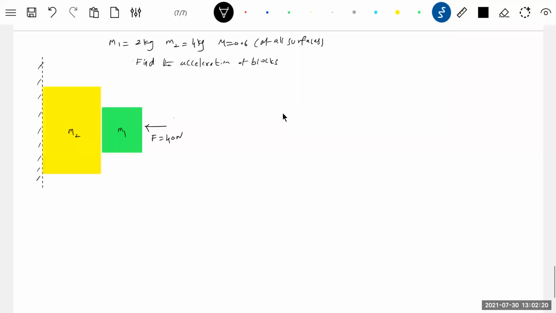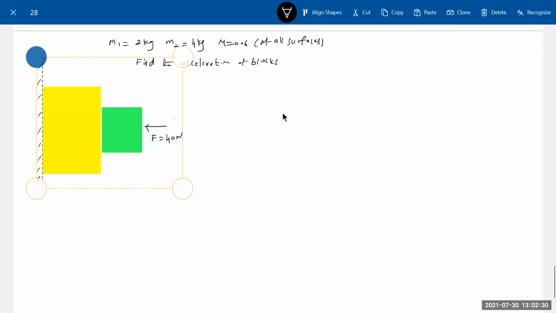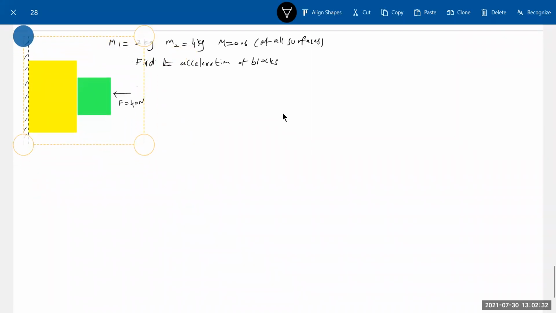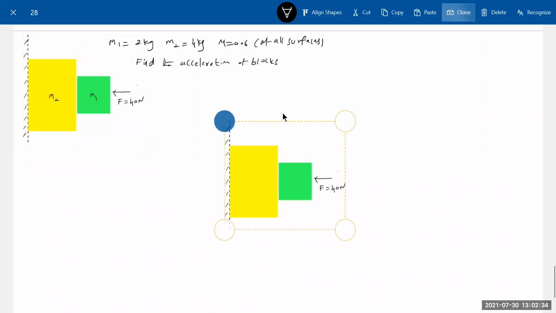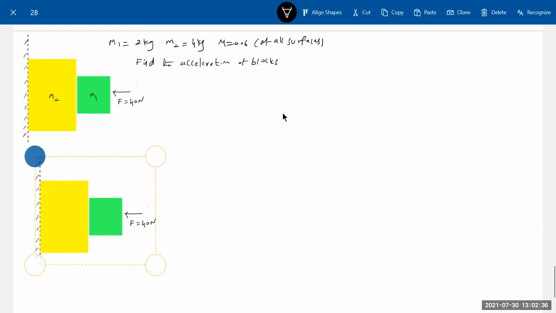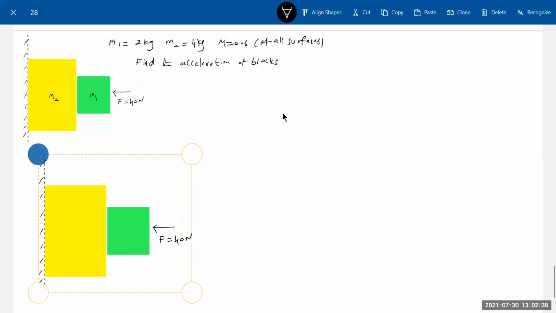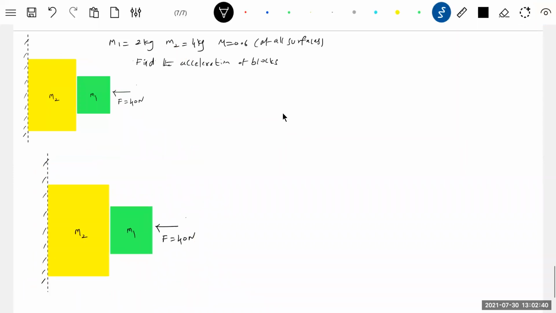Find the acceleration of the blocks, it is asking. So I'll proceed in this way. We'll assume things here now. The weight m1g will act.